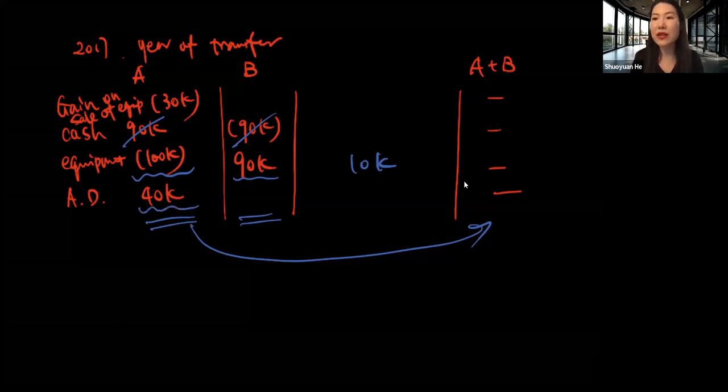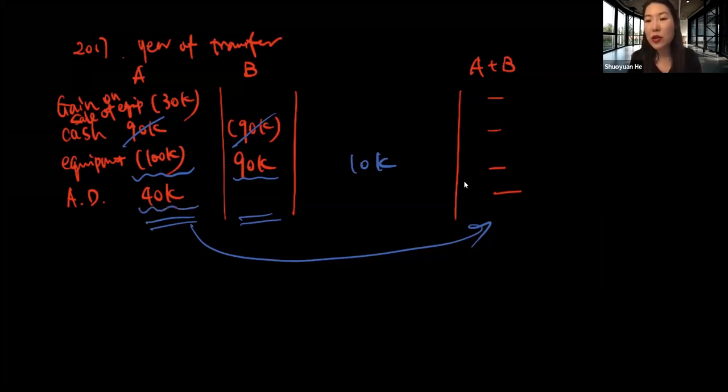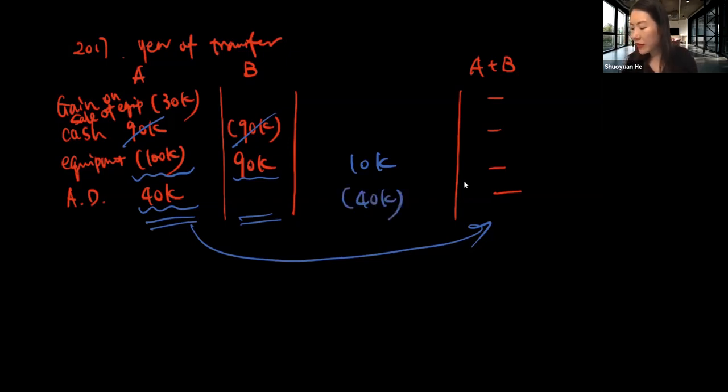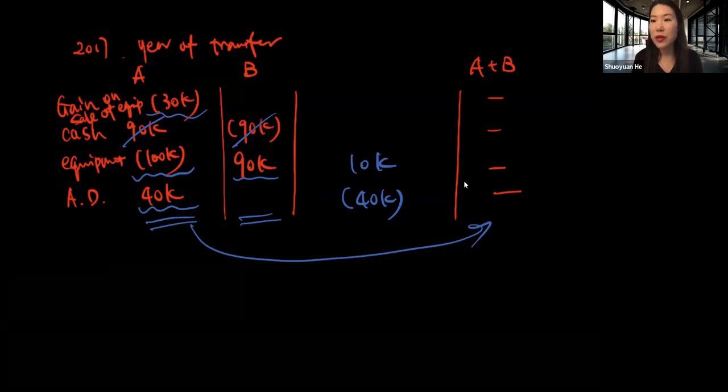Accumulative depreciation is decreased by 40,000 by Able, and Baker hasn't begun recording any accumulative depreciation yet. And this 40,000 written off of accumulative depreciation shouldn't happen. So we need to credit accumulative depreciation 40,000. And then lastly, gain on sale of equipment. If you view the two firms as one firm, there shouldn't be any gain.